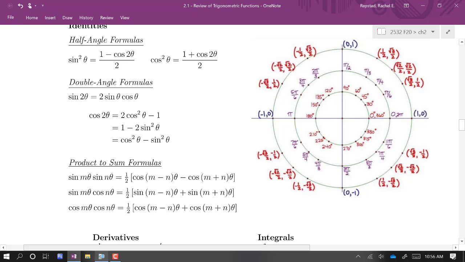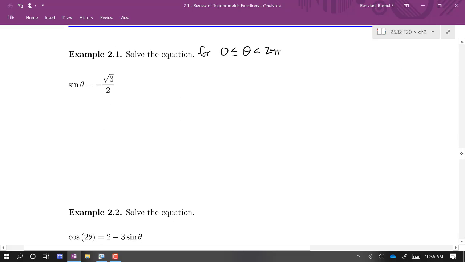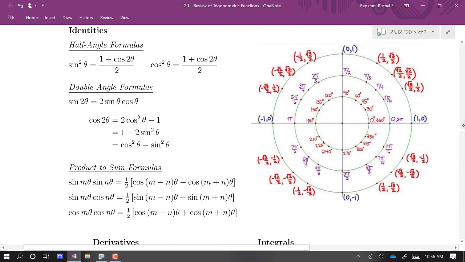So if we want to solve the equation, sine theta is equal to negative root 3 over 2, we can use the unit circle, and we can find the y-coordinate equal to negative root 3 over 2. And then it's that corresponding angle that we want to find. So a y-coordinate of negative root 3 over 2 happens here at 4 pi over 3 and at 5 pi over 3.